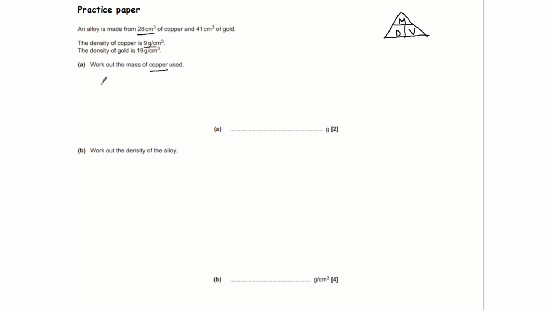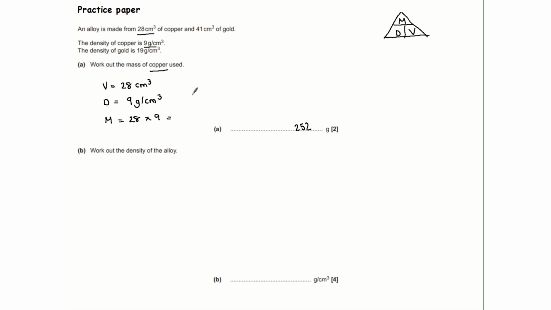So first thing I'm just going to make a note of is the volume is 28 centimetres cubed, and I know what its density is. I'm working out the mass. Mass, as in the previous question, means that I'll multiply the two together. So 28 times 9 and calculate what it comes to, which is 252 grams.